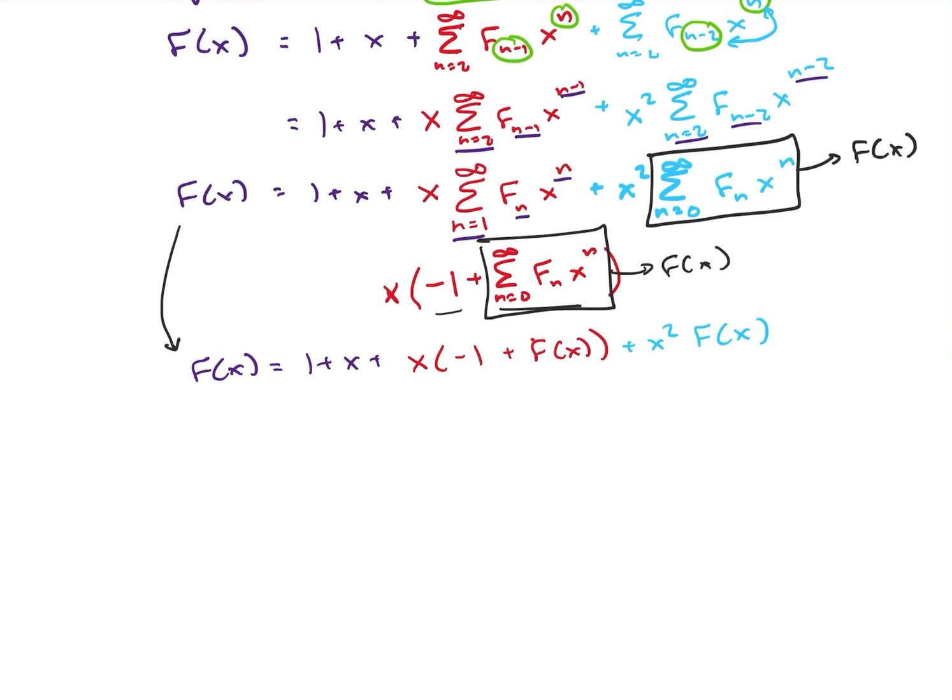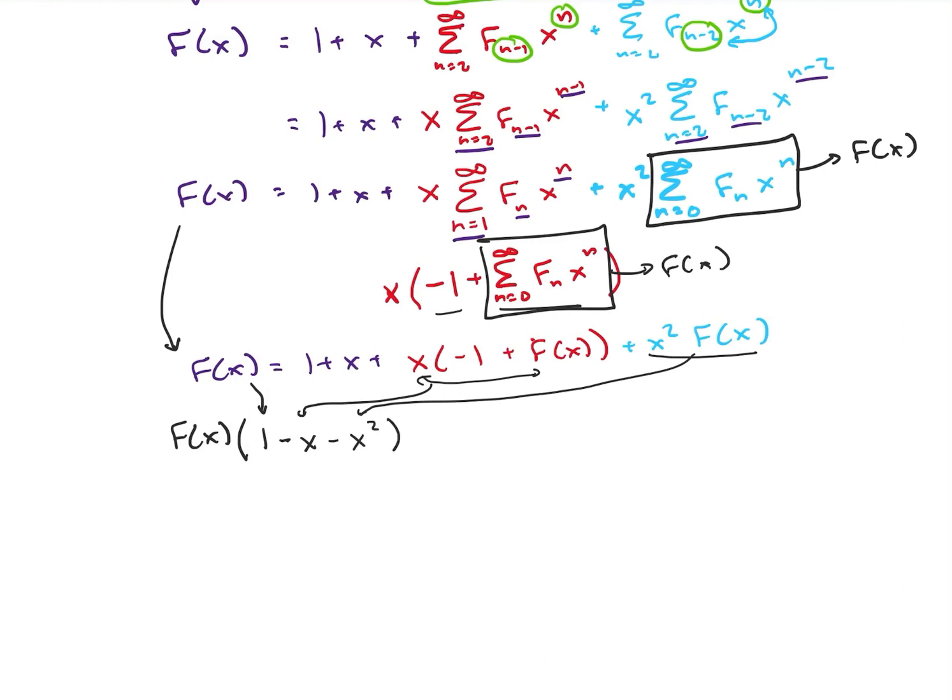So let's isolate our f of x terms. So if I do that and I put f of x on this side, I'm going to have f of x times 1 coming from this guy. And then we're going to have this x times f of x here. So I'm going to have minus x because I'm subtracting it from the right side and the left side. And then we're going to have this x squared term here, and I'm going to have to subtract that from the left side and the right side. So I'm going to have 1 minus x squared.